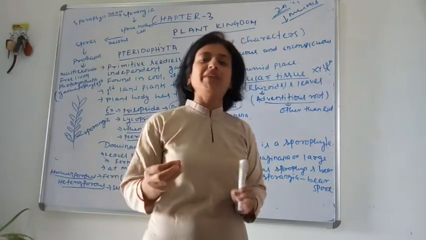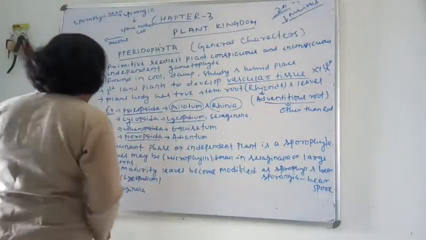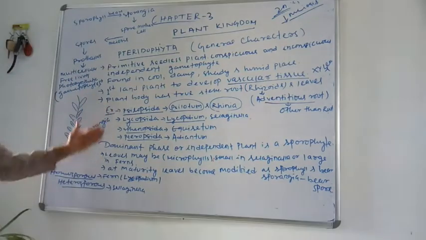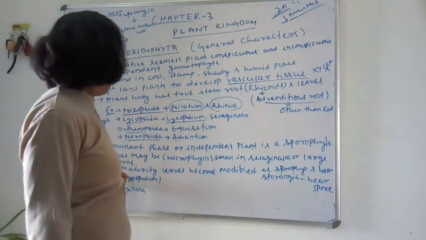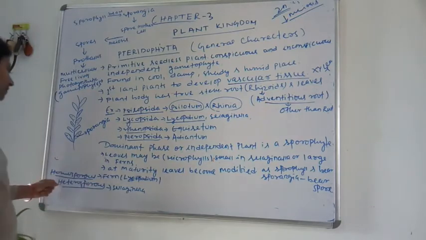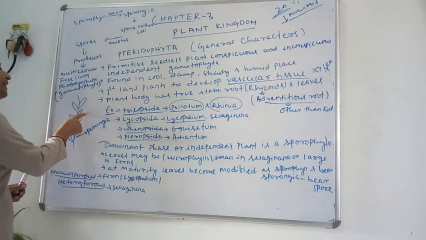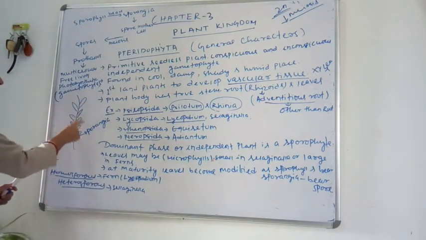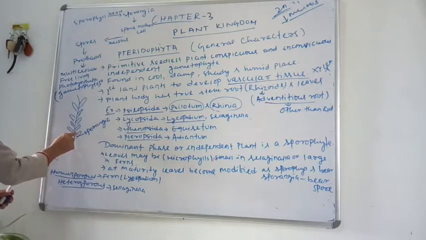When they get a suitable environment, they grow again as a new plant body. In Pteridophyta, it is either homosporous, meaning both spores are equal, as in Lycopodium, or heterosporous, meaning the spores are different. Here is the diagram. This is a fern leaf, and the sporangia are present on the leaf.